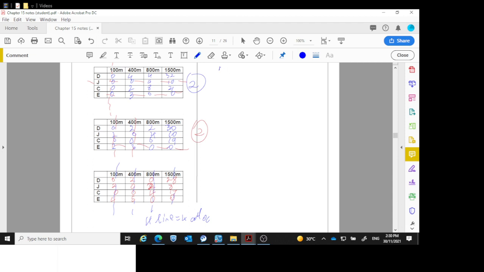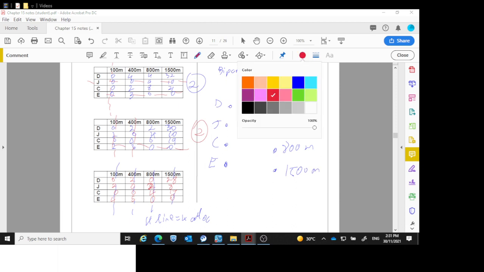So let's do our bipartite graph. We've got D, J, C, and E, and they go to the 100 meters, 400 meters, 800 meters, or 1500 meters. Now the zeros.